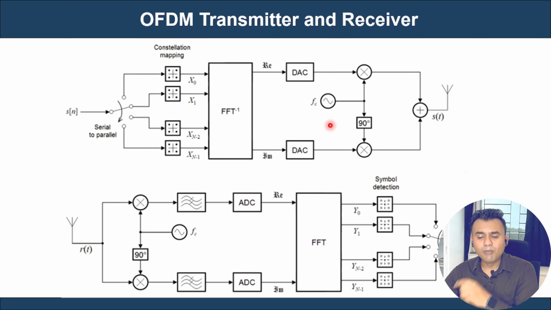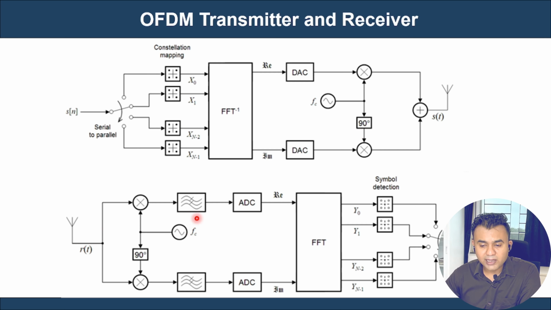After that, I multiply with the carrier frequency Fc on one branch, and the 90-degree phase-shifted version on the other branch, and I take the summation and generate s(t). This is my transmitter. At the receiver side, I will receive.